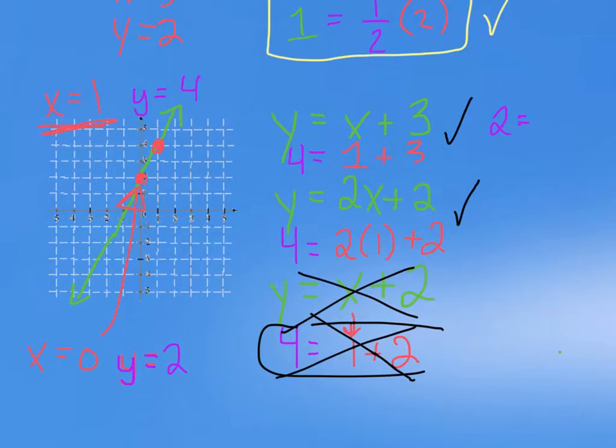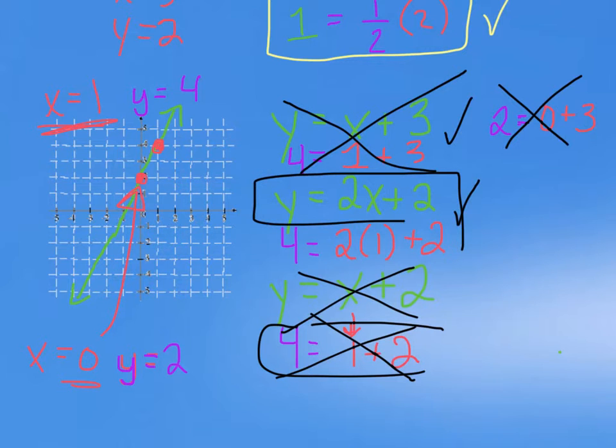Now this time our x value is 0, so 0 plus 3. Well, and look at that, we can tell right away this is not true. 2 is not the same thing as 0 plus 3. So we're done. We just proved that this one does not work, which means this is our correct equation.